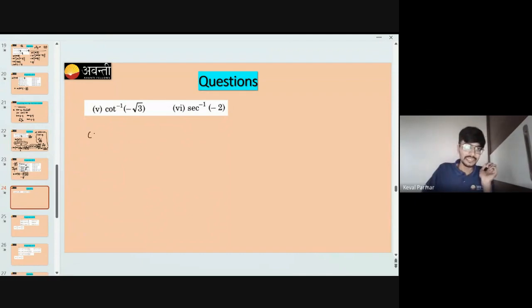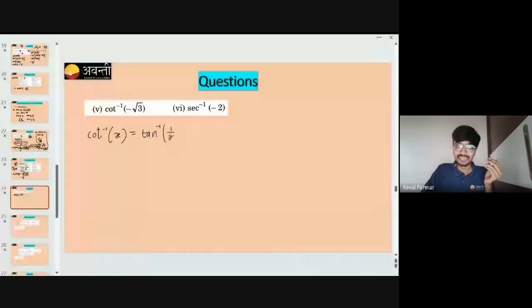Cot inverse of some value, suppose let's say x, can be written as tan inverse of the reciprocal of that value, 1 upon x.